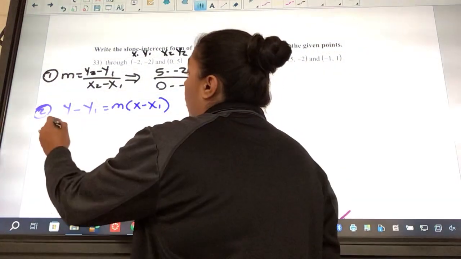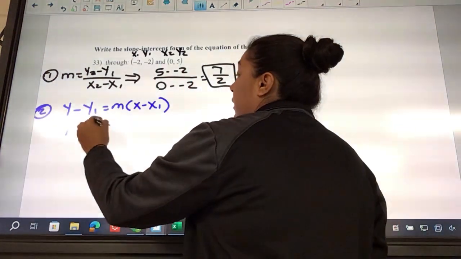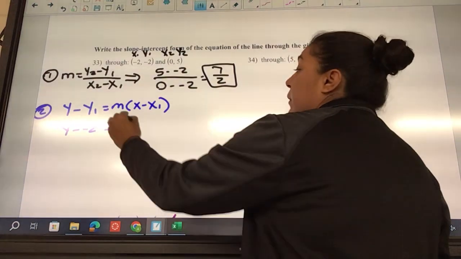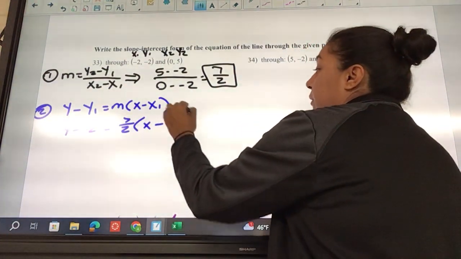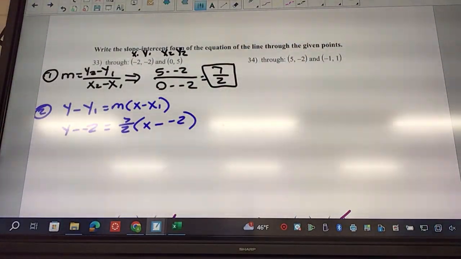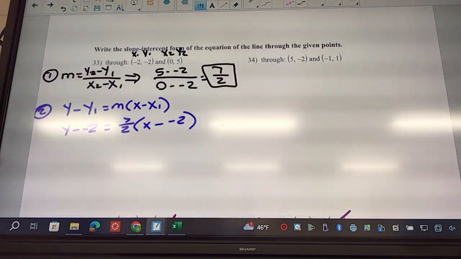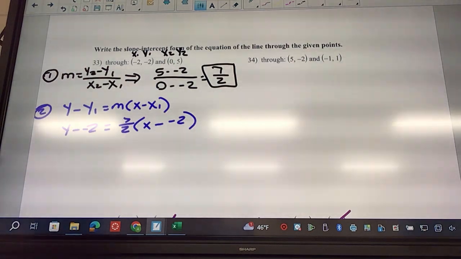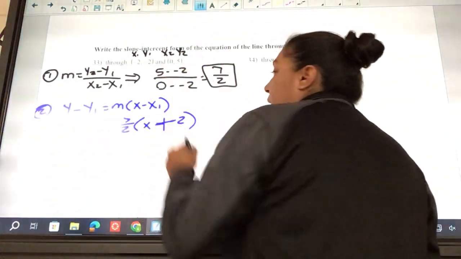So we got y minus, my y1 is -2, equals my m, 7 over 2, we just found, times x minus my x1, which is -2. And so we're going to change these minus minuses to a plus.